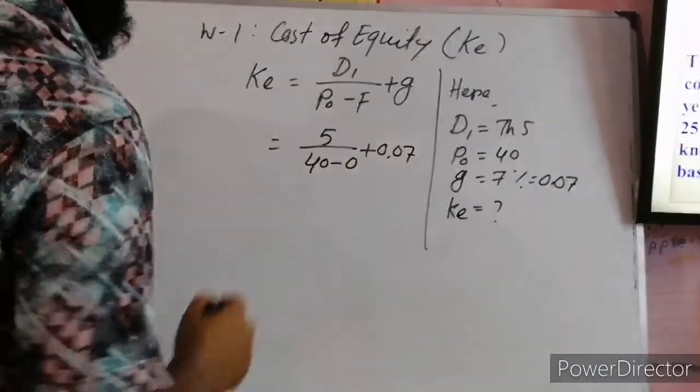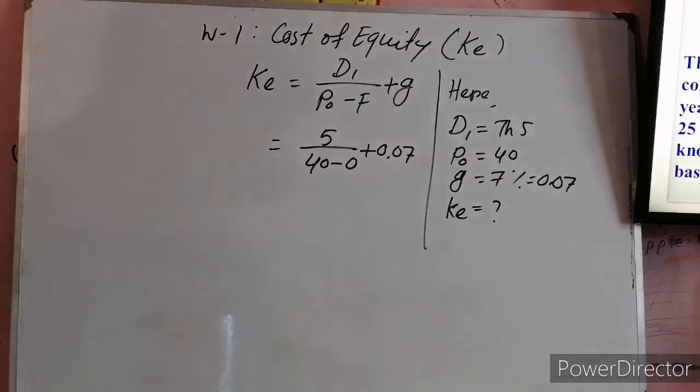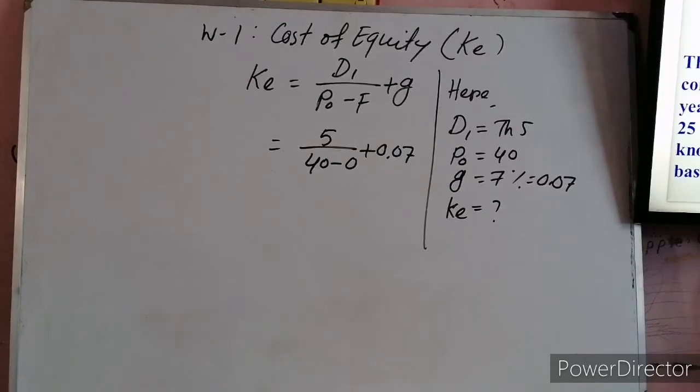This is equity capital. We have expected dividend for the next year, taka 5. We have market price of the share, taka 40, which has the growth rate 7%.